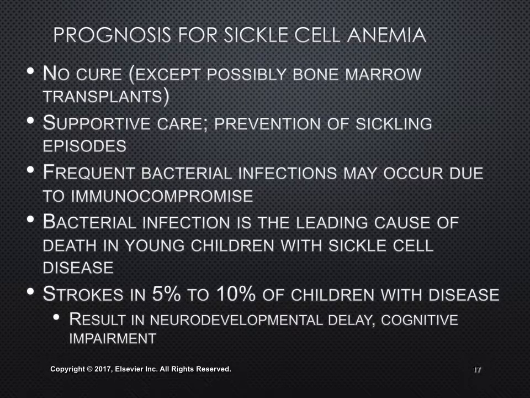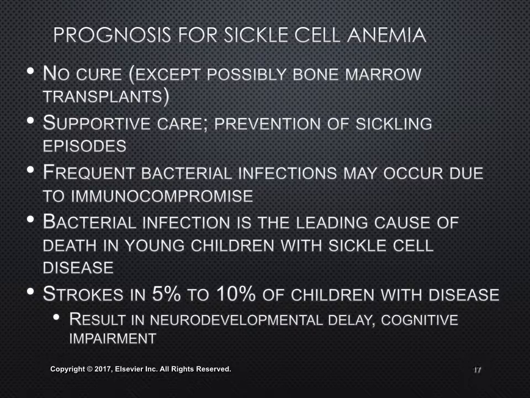The prognosis for sickle cell anemia is that there is no cure because it is a genetic disorder. They have looked at possible bone marrow transplants for treatment, but that's not showing anything right now. Supportive care is very important, and so prevention of sickling episodes is very important.